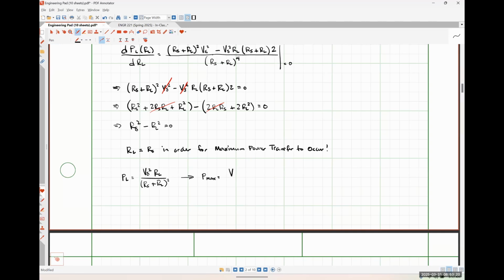So I'm going to have VS squared times RS over (RS plus RS) squared. That's the same thing as VS squared times RS over 4RS squared, or VS squared over RS times a factor of 1/4.